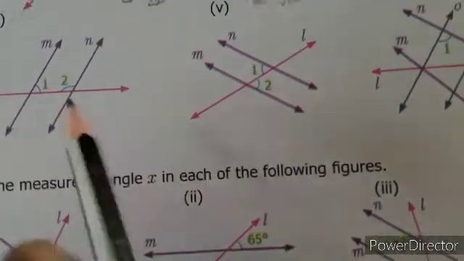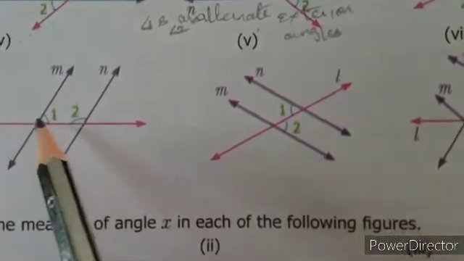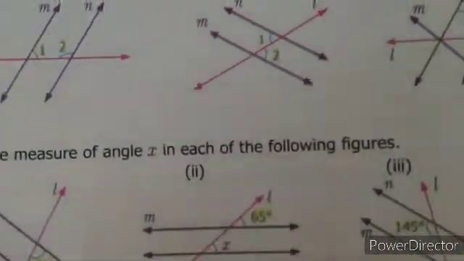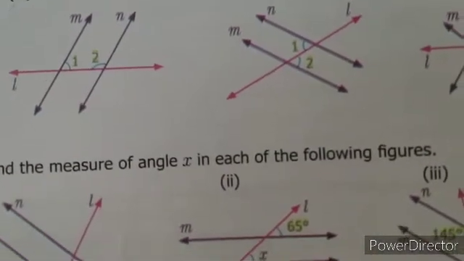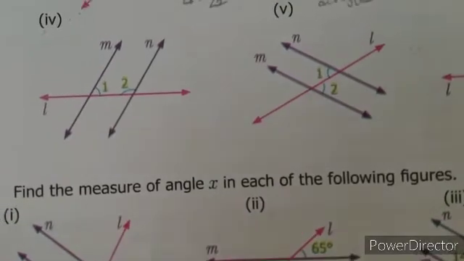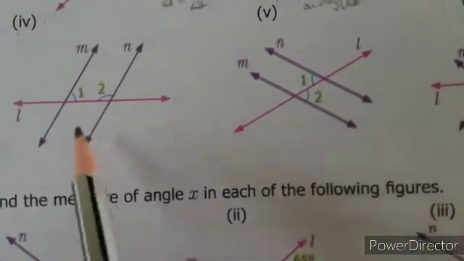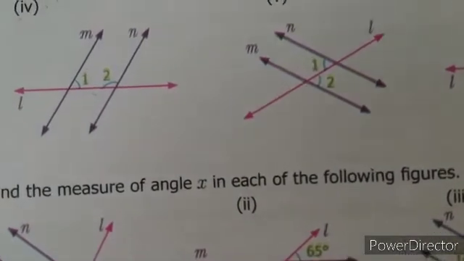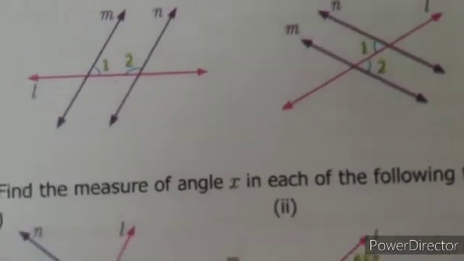Now the angles are marked inside the lines M and N, so angle 1 and 2 are interior angles on the same side of the transversal. You have to write: angle 1 and 2 are the interior angles on the same side of the transversal.